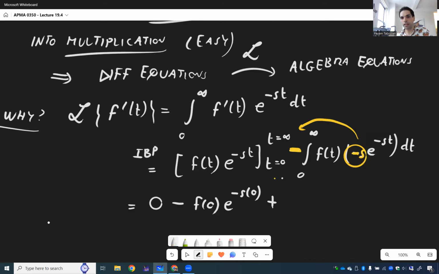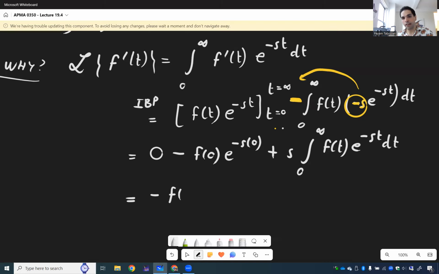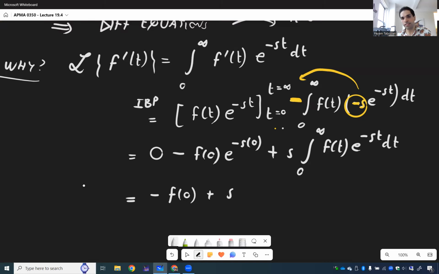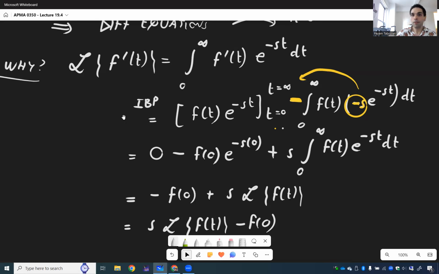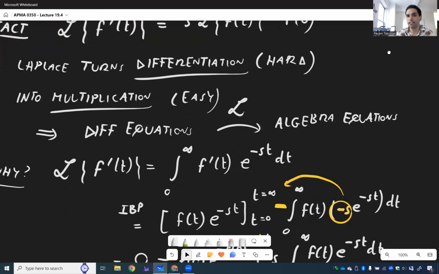So in the end, we have plus s, integral from 0 to infinity, f of t, e to the minus st dt. But then in the end, once this has settled, this becomes minus f of 0 plus s times the Laplace transform of f of t. So this becomes s L of f of t minus f of 0, which is precisely what we want.